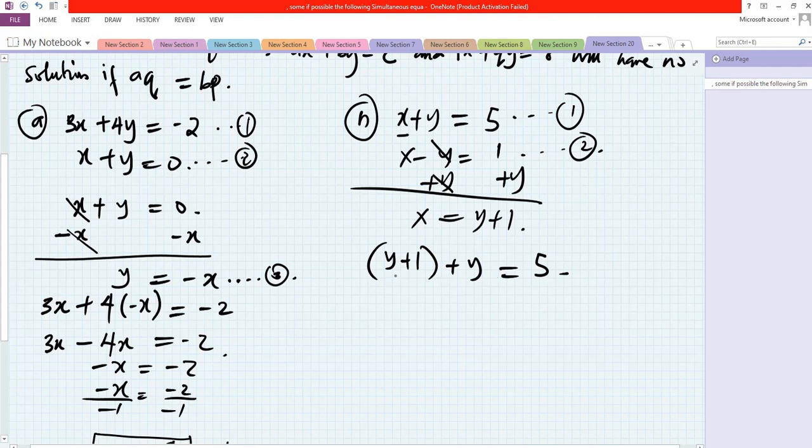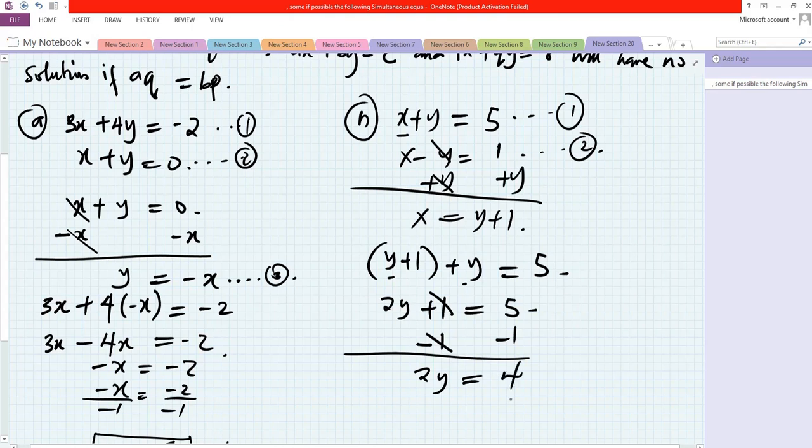So we'll add the like terms. You have 2y plus 1 equal to 5. Now if you subtract 1 from both sides, so you say minus 1, this will cancel out. You have 2y equal to 4. That is 5 minus 1 is 4.